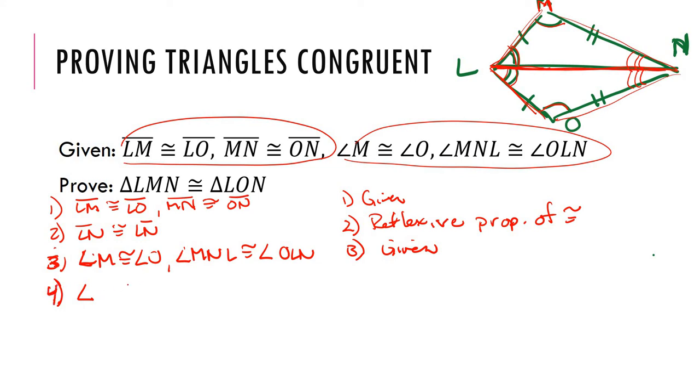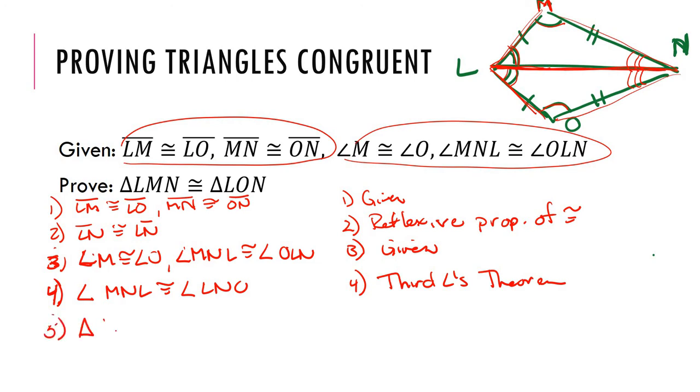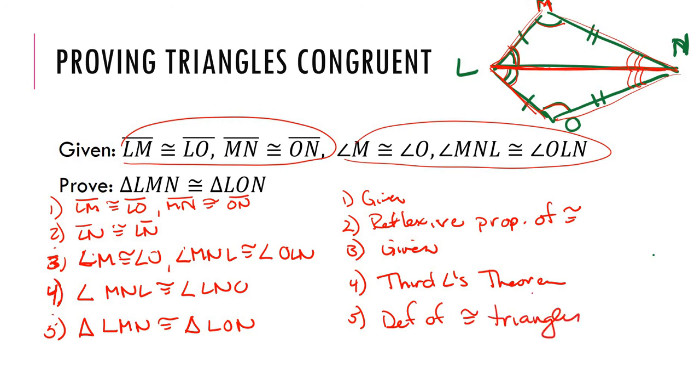Angle MNL is congruent to angle LNO, and I can prove that by the third angles theorem. And then the last thing I have to say is that triangle LMN is congruent to triangle LON. And that's the definition of congruent triangles.